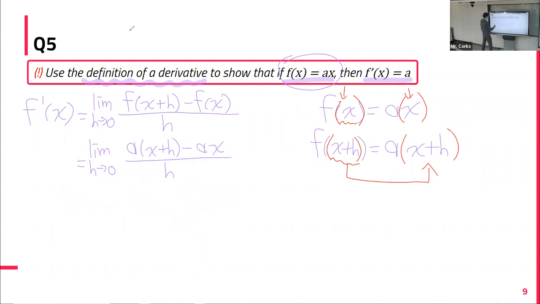In this case, it's really not that hard to just do some rearranging and get rid of it. So what's the first thing we would do? We'll expand here, open up these brackets. We'll have ax plus ah minus ax over h.